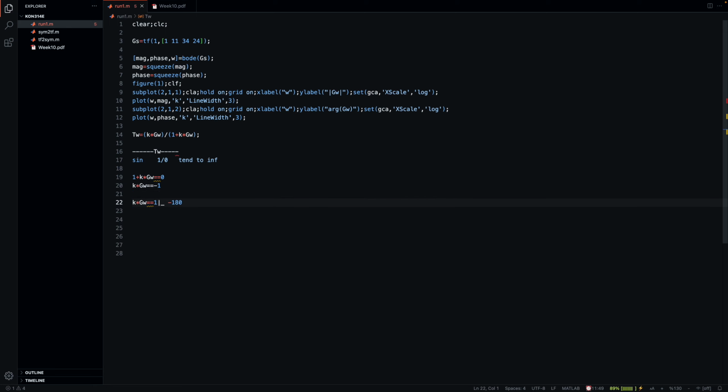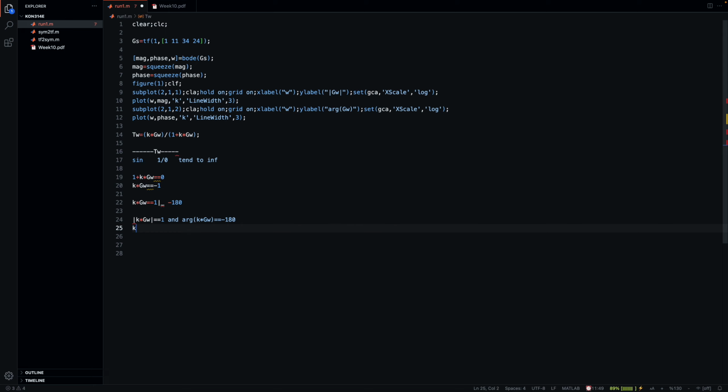So what I can do is state the following: the amplitude should be equal to 1, and the argument of k times g omega should be equal to negative 180 degrees. If both are satisfied simultaneously, then we will get the instability point.